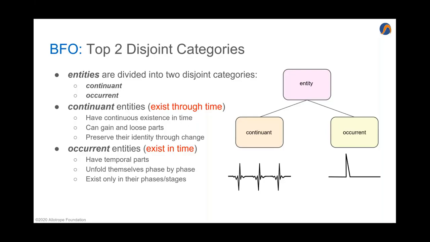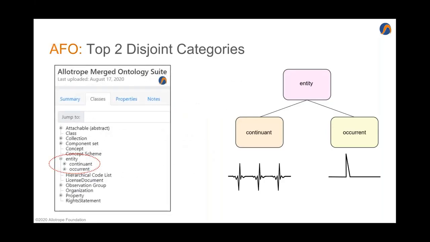They still have the same identity. While the occurrents have temporal parts, they unfold themselves phase by phase, and they exist only in their phases or the different stages. And we see the AFO entity splitting into continuant and occurrent.